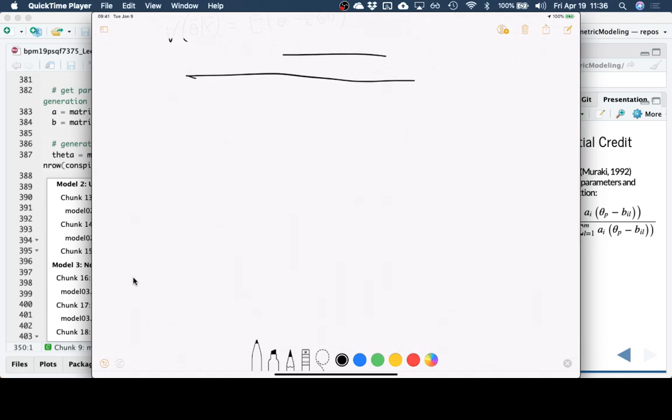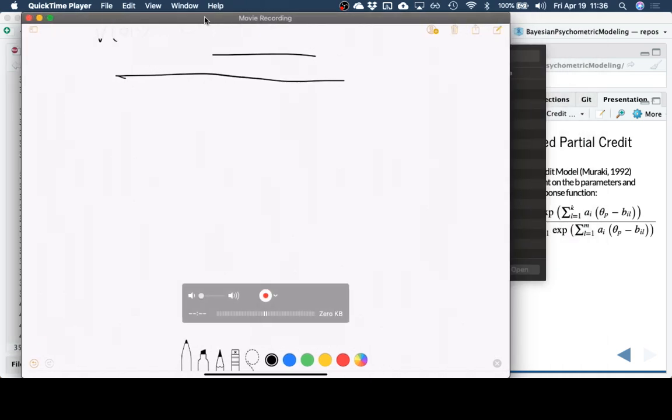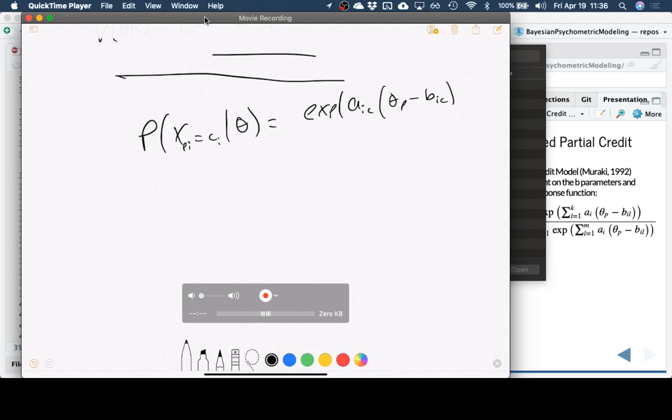What we're looking at here says the probability that x is equal to some category given theta is equal to e to the a for the item and category times theta for the person minus b for the item and category, like this.